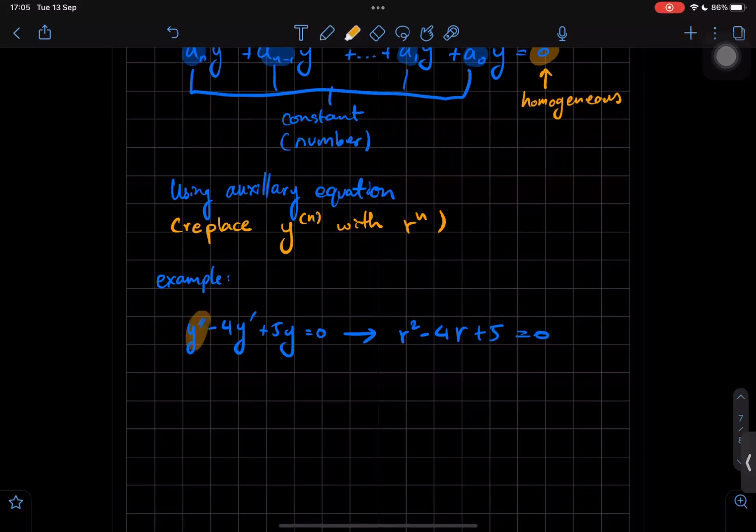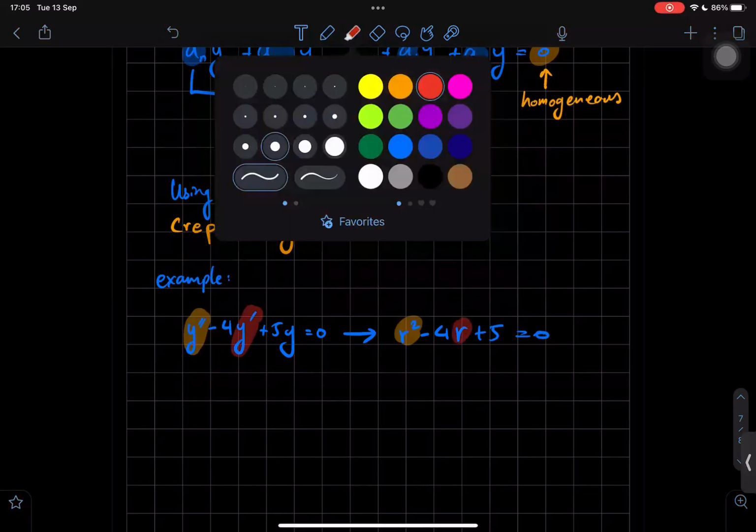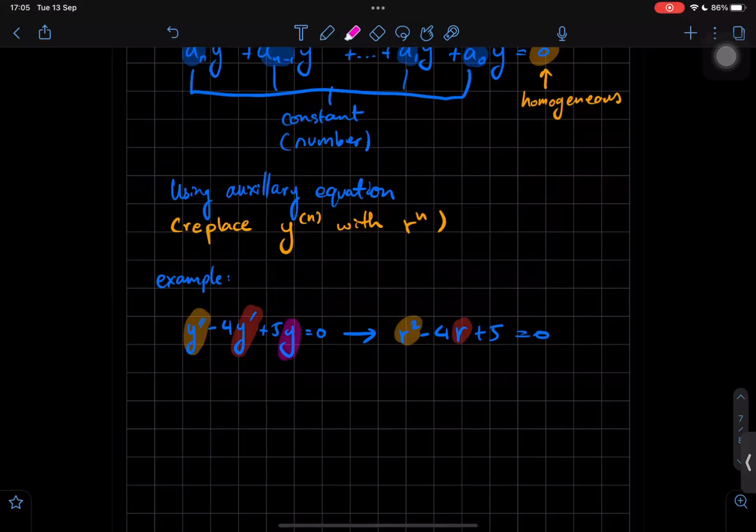You can see that I replace y double prime with r squared, y prime with r, and y with 1.